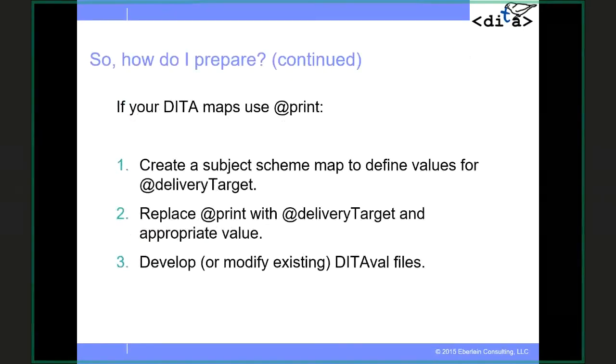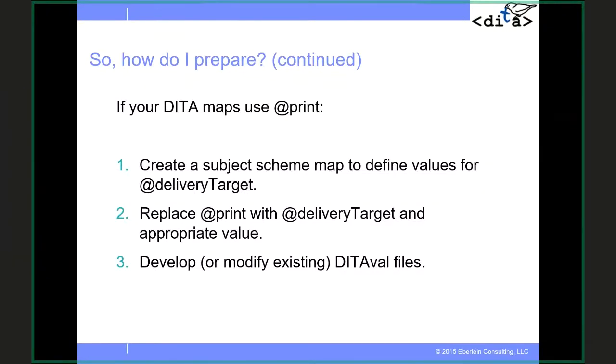So, back on how you prepare, in a similar vein, if you have the print attribute used in any of your DITA maps, the work here is a little more complicated than switching to the comparable replacement element. Here, what you really want to think about is creating a subject scheme map that defines the values for delivery target.